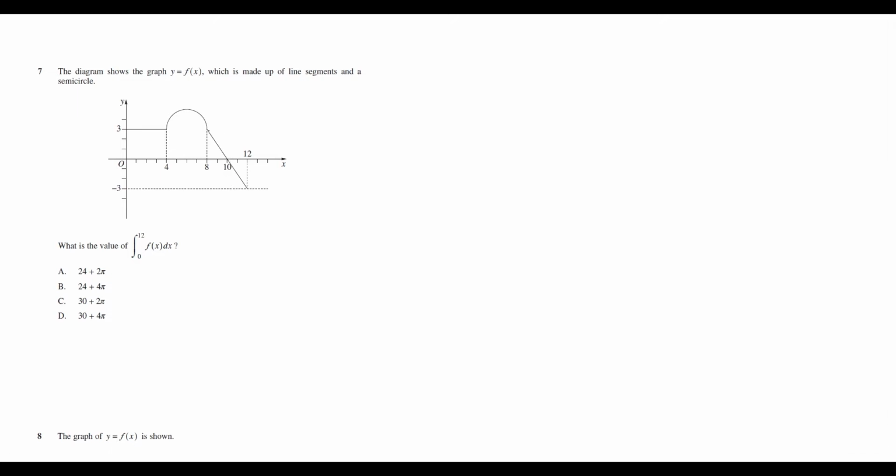And we see that this area is exactly equal to this area, so those will perfectly cancel out. So the only area we actually need to calculate is this rectangular section here, this rectangular section here, and this semicircular section there. So let's figure out all of those now.